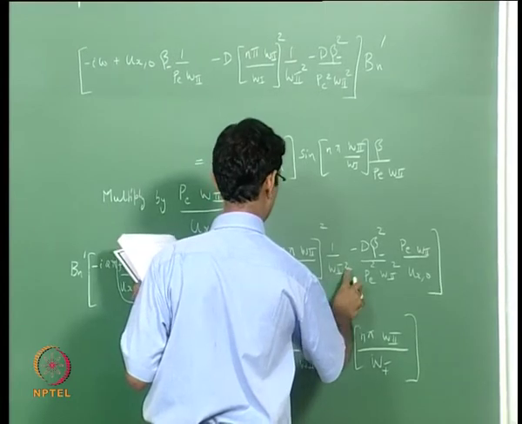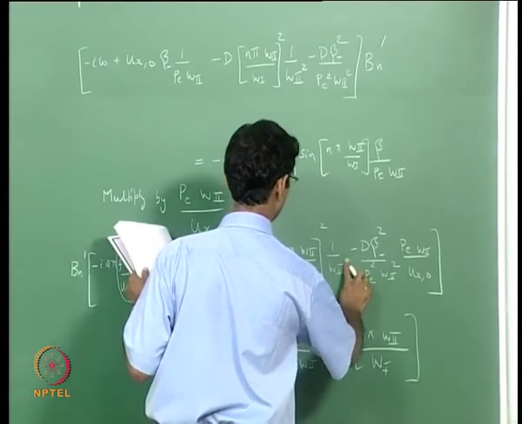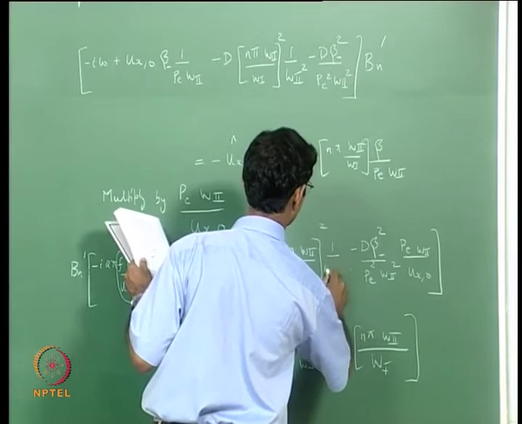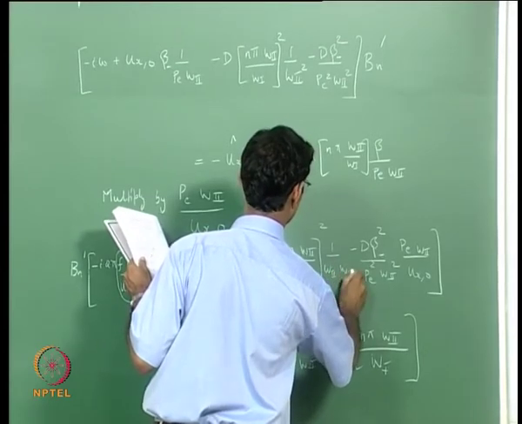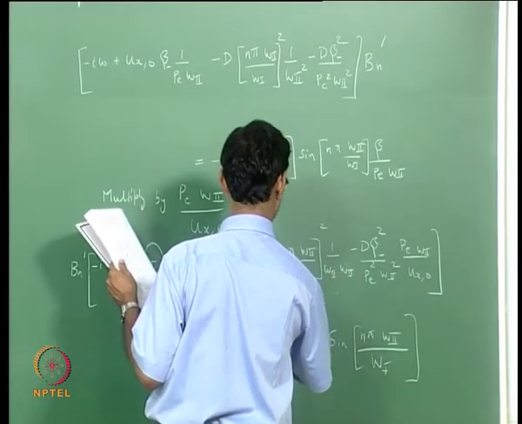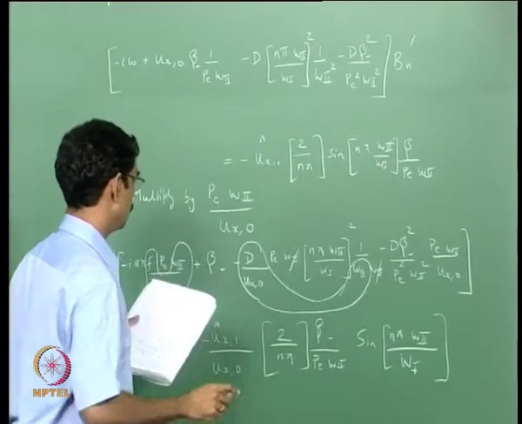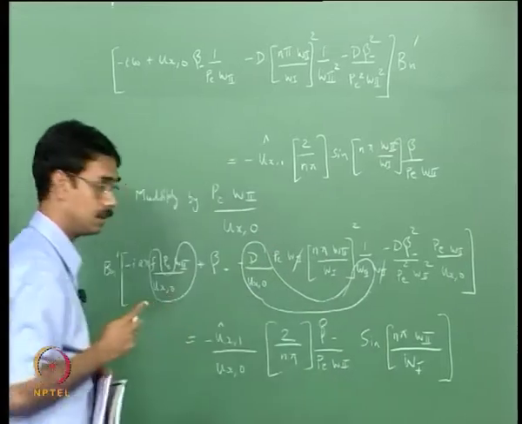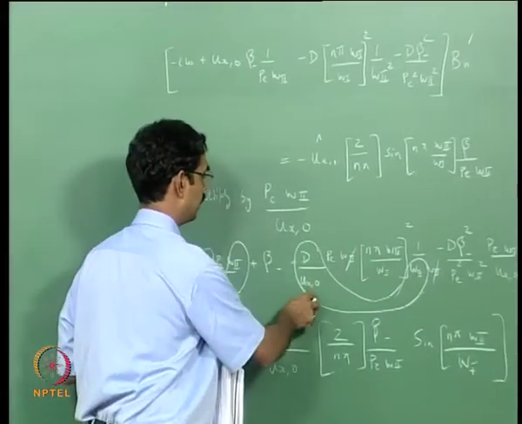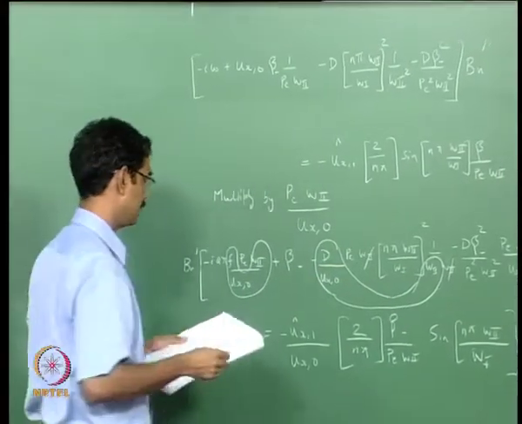We just take one of these W2, so we can write this as W2, W2, and this will cross with this. And what is this? 1 by Peclet number. 1 by Peclet number cancels with Peclet number, so that is 1.